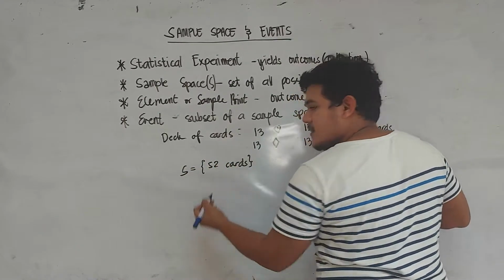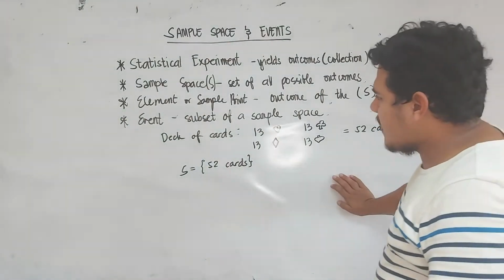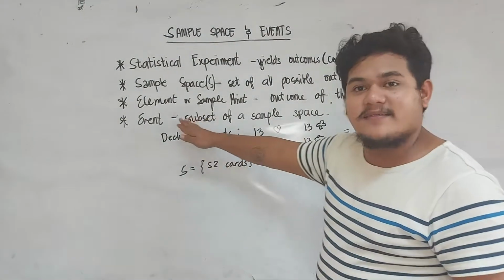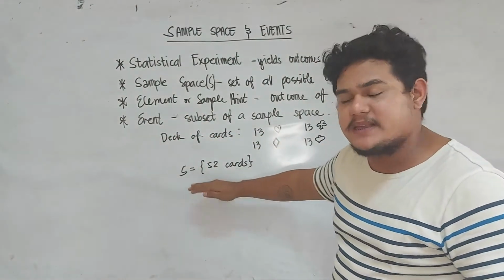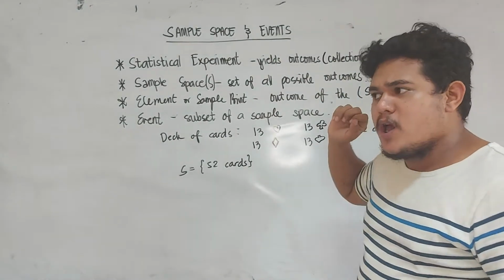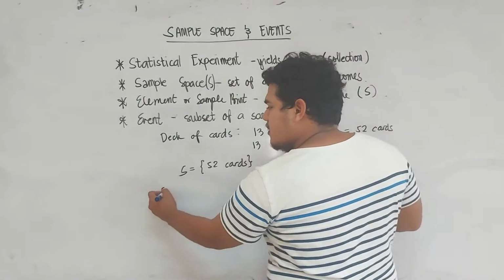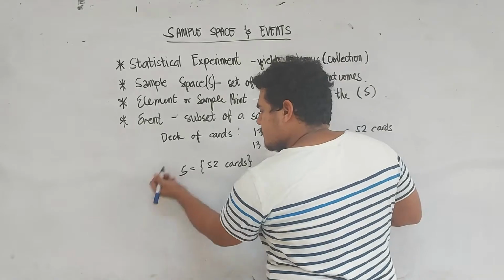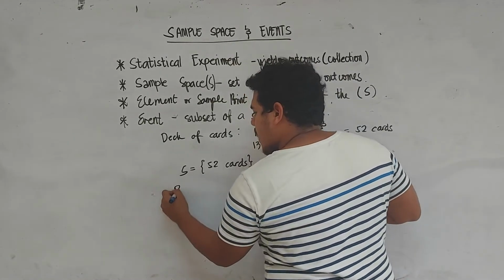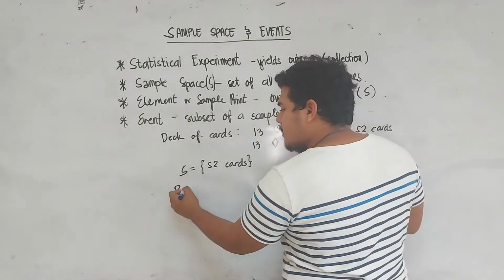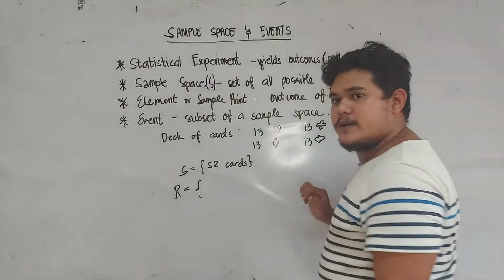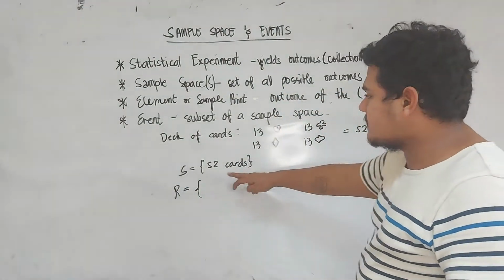cards. Right? Our S. Now, what if I will ask for an event? An event is a subset of this sample space. What if I will ask for the sample space of red cards? Let R represent the number of red cards. How many red cards do I get from these 52 cards?